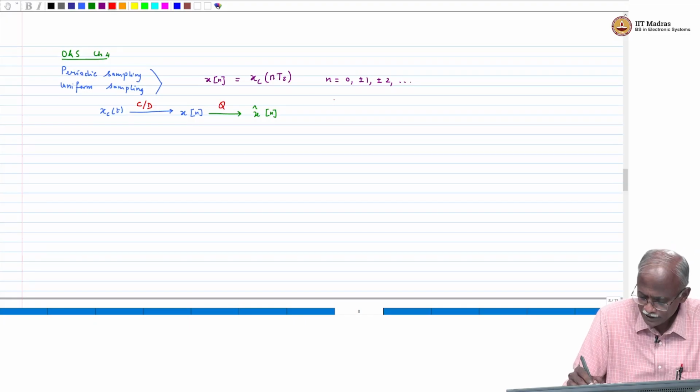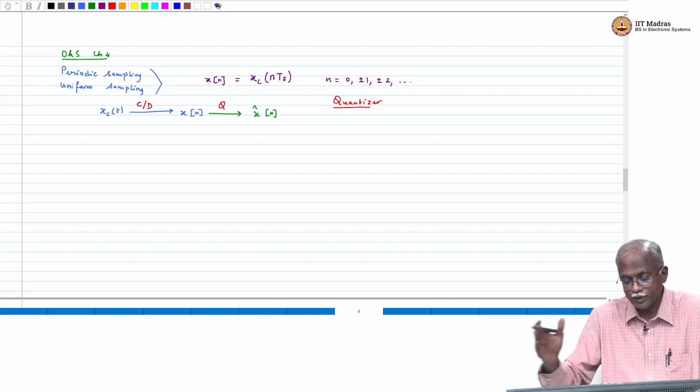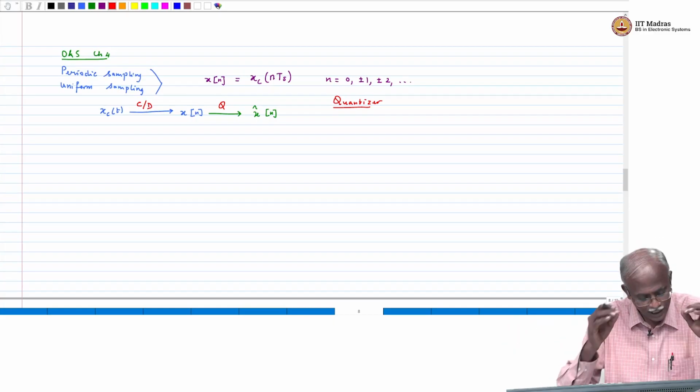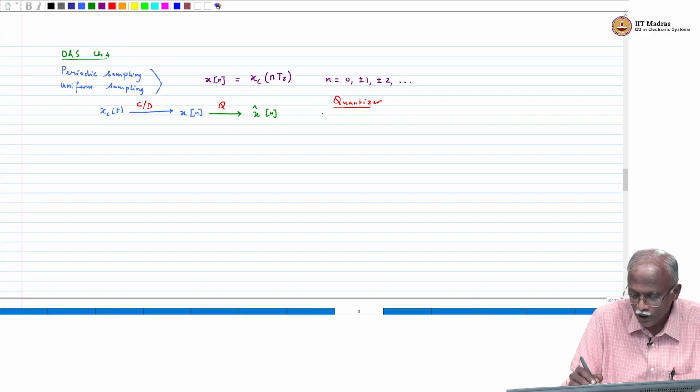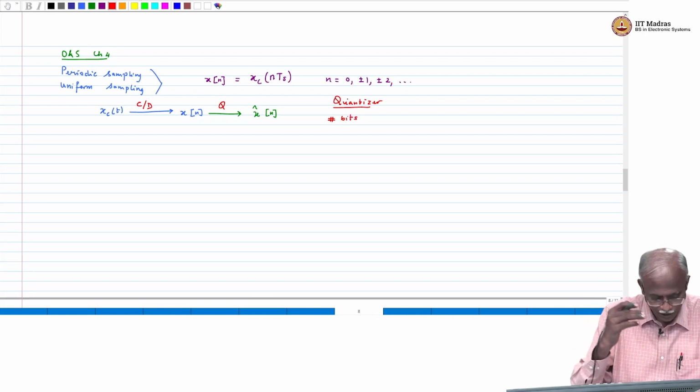Now, the quantizer, we will touch upon this in the next session. But what I want you to keep in mind, when you talk about a quantizer, you are saying that the accuracy with which you can represent this number x of n is not infinite precision, but only a finite number of bits. So in terms of the quantizer, we talk about how many bits are going to be used in representing this particular continuous time signal.